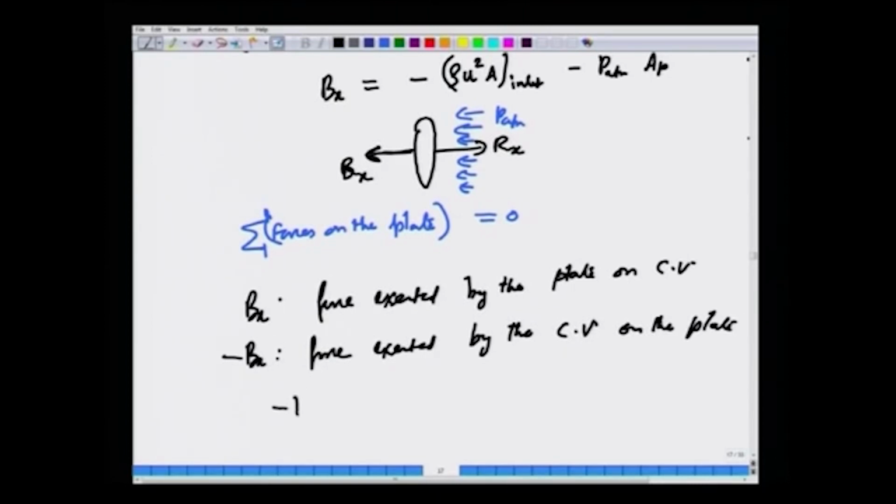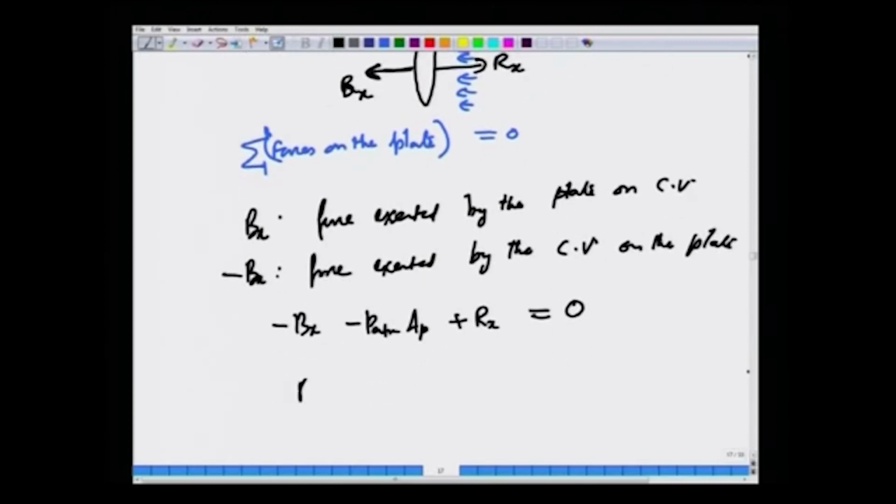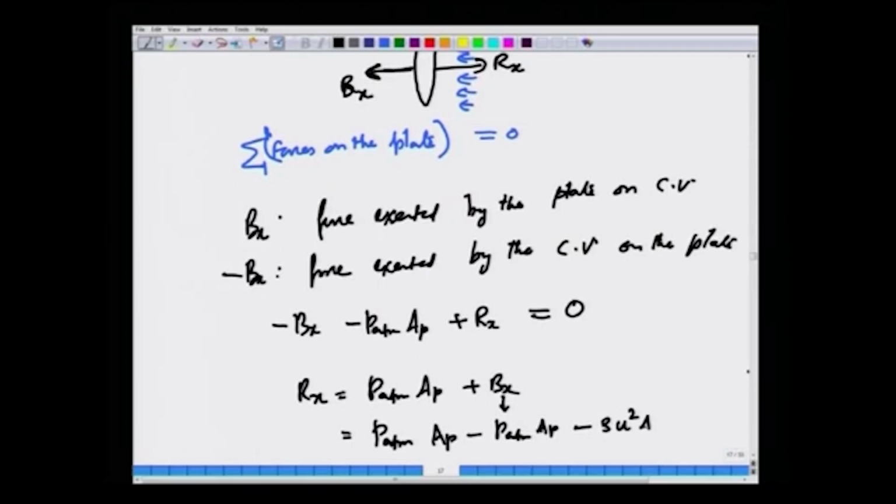So, minus Bx minus P atmosphere AP, because that is acting in the minus x direction, plus Rx. We do not know what is the sign of Rx, whether it is positive or negative, it will come out naturally from the problem. So, Rx is nothing but P atmosphere AP plus Bx, but we already have an expression for Bx. So, it is P atmosphere times AP minus P atmosphere AP minus rho u squared A at the inlet.